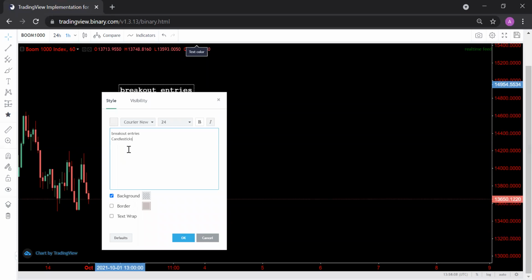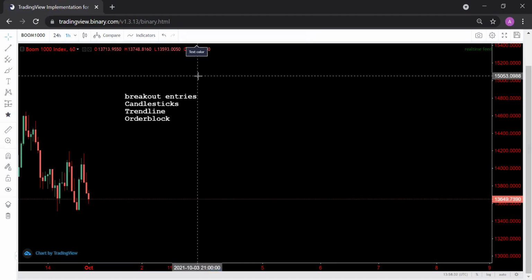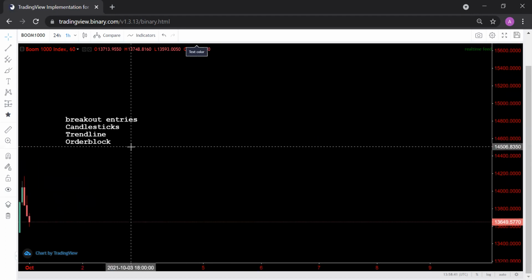And then trend lines, you can also use trend lines for entries. And then order blocks, you can also use your order block to find entries. So you can get entries through breakouts, candlestick patterns, and also using your trend lines and your order block.